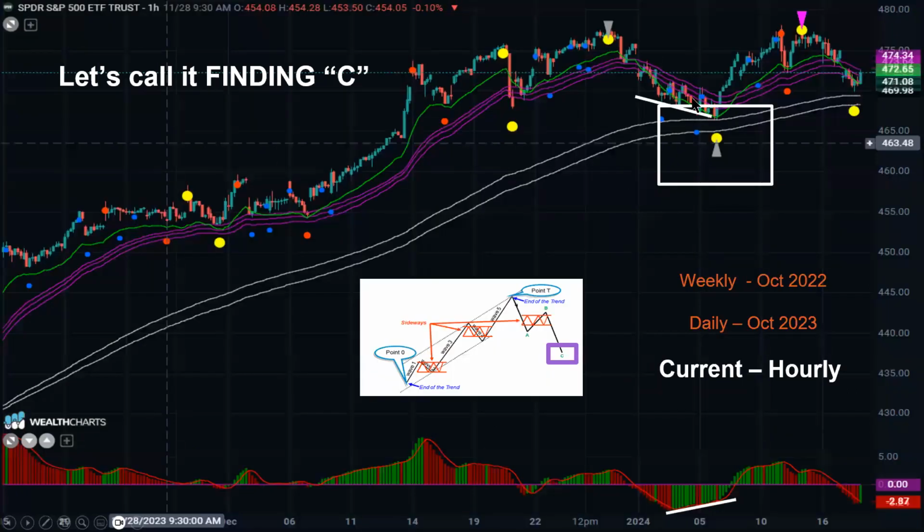For example, this is the hourly chart. This is old. This is not today. The hourly chart on the SPY would have given us this signal. And again, at this time, you would have found hourly buys on stocks. But knowing where we are in the market cycle is really, really important.